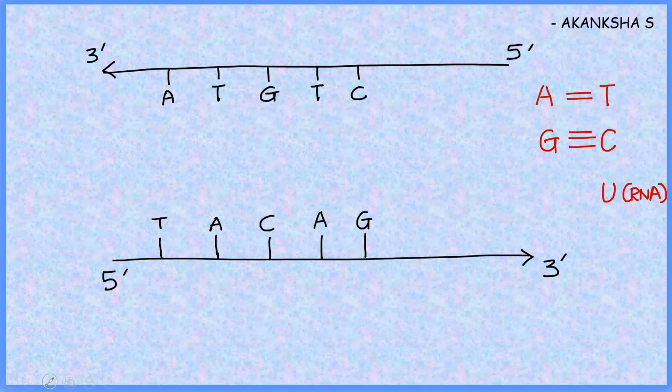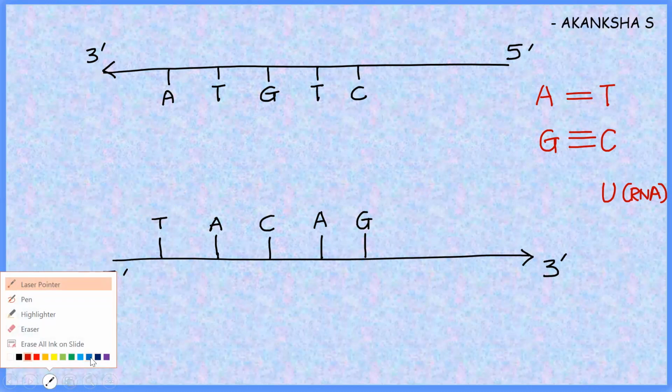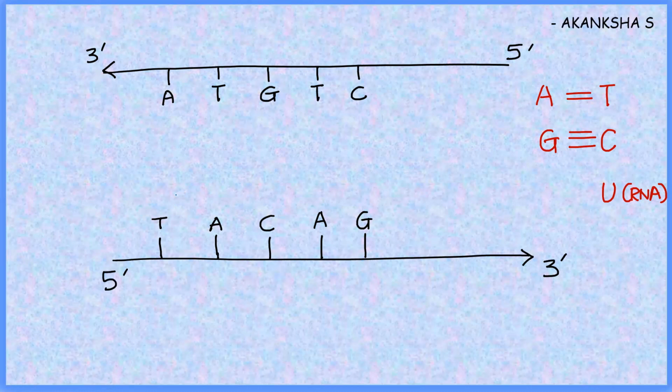Now let's see, suppose mRNA is made from this. What would happen? mRNA would be made in this direction. Are we clear with this? It would be made in this direction and it would be 5' to 3'. As I've told you, uracil is only found in RNAs, right?